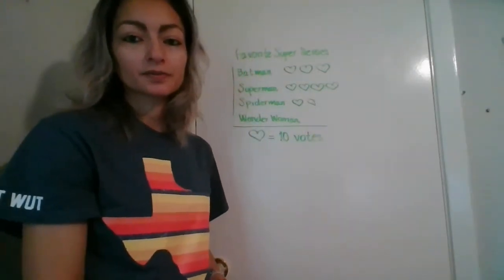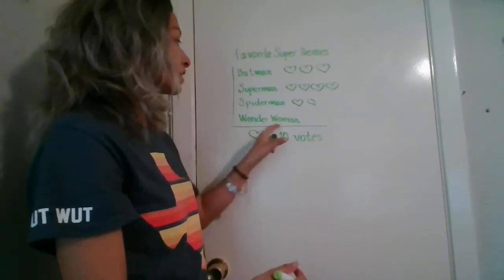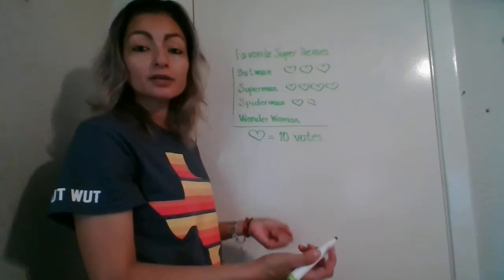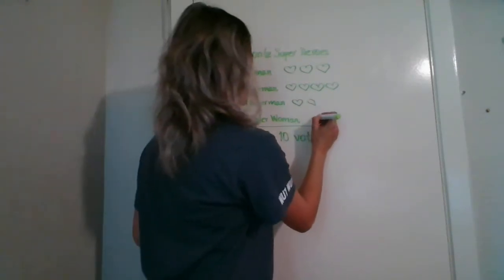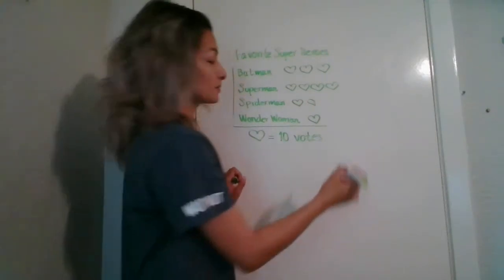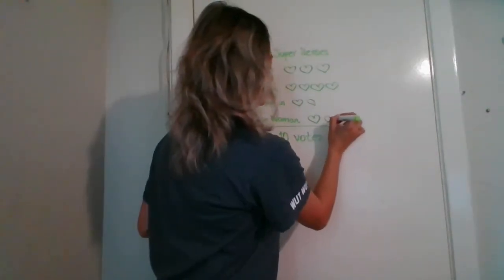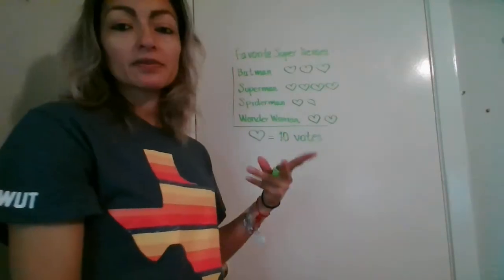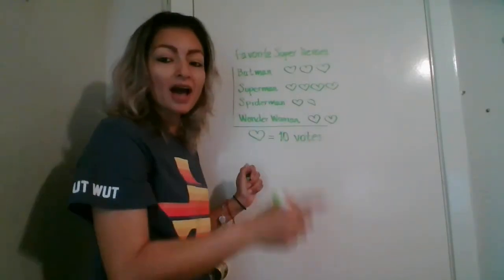Just like that. And if they tell me that Wonder Woman got 25 votes, I'm going to do exactly the same. That's 10 votes, 20 votes, and since I have 5 left, I'm going to add half the heart.